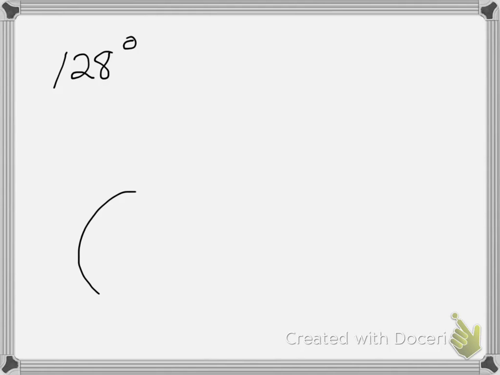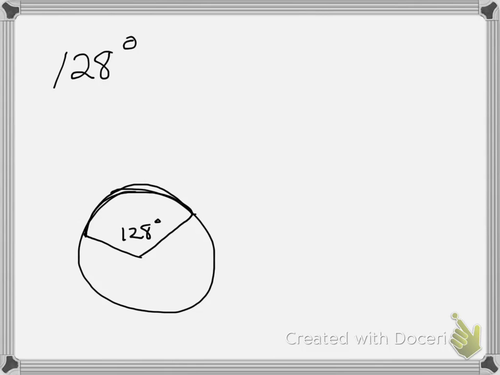I'm going to draw a picture of this real quick. 128 degrees, I would say, would be, I don't know, about that wide. And we want to find the S for that, the intercepted arc, and the radius is 5.